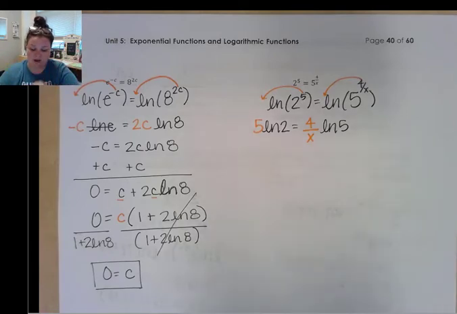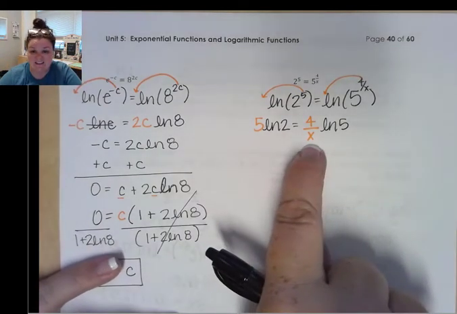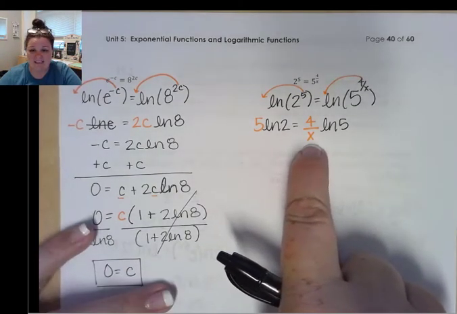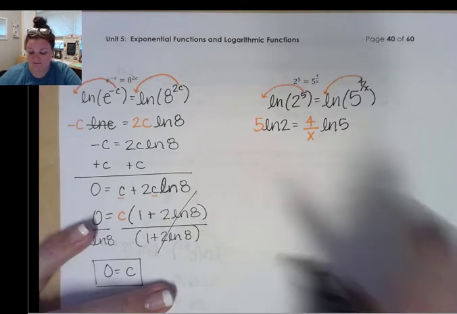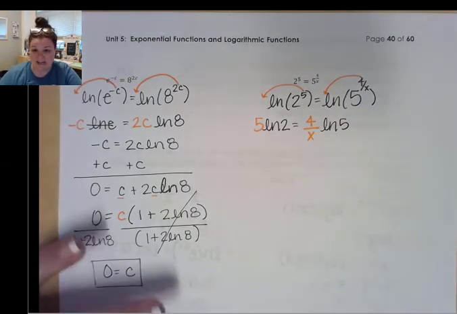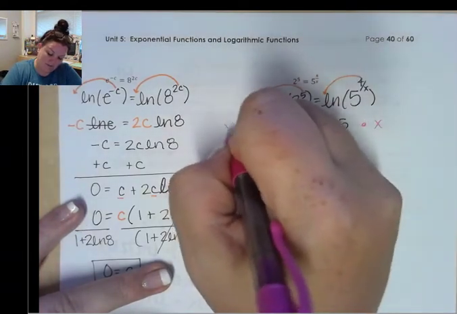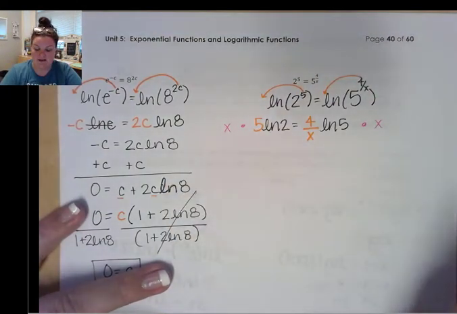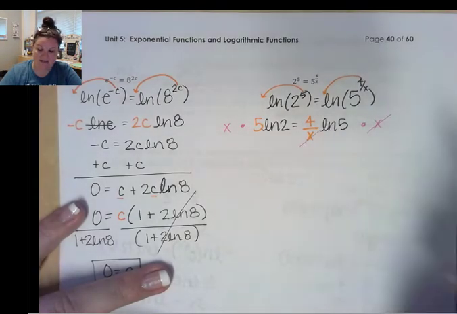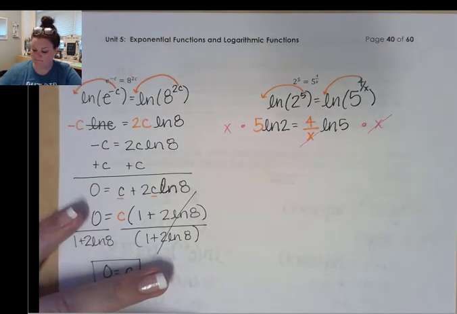Okay. So right now, x is stuck in the denominator. So if I want to get x out of the denominator, I have to multiply both sides by x. So I'm going to multiply this side by x, and I'm going to multiply this side by x. And in doing so, this side, my x's will cancel.